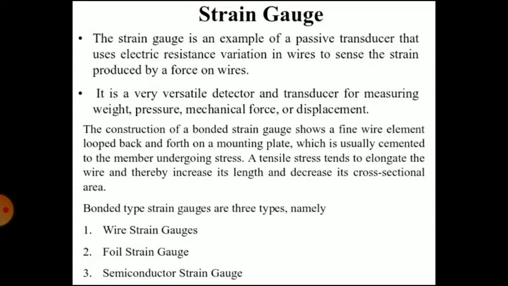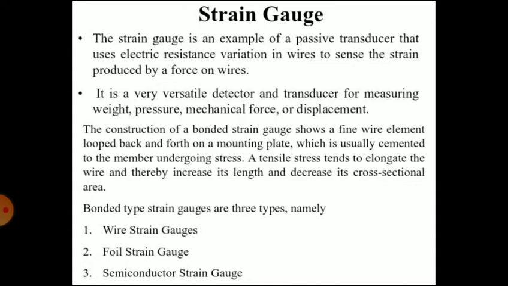The fractional change in resistance, that is delta R by R, is proportional to strain. Since strain is the ratio of change in length upon original length, the resistance change of a strain gauge is a measurement of the change in length of the element to which the strain gauge is attached.